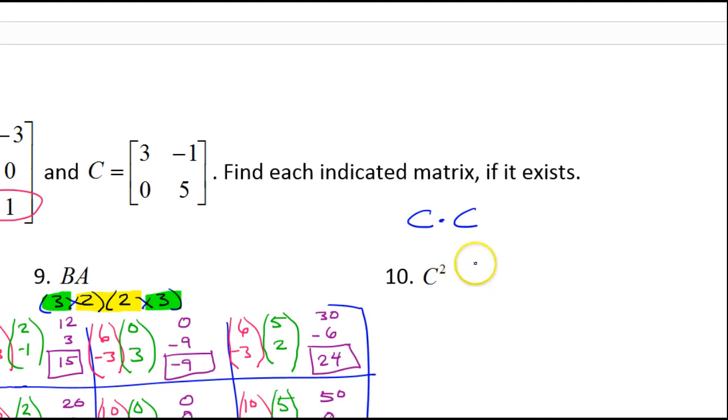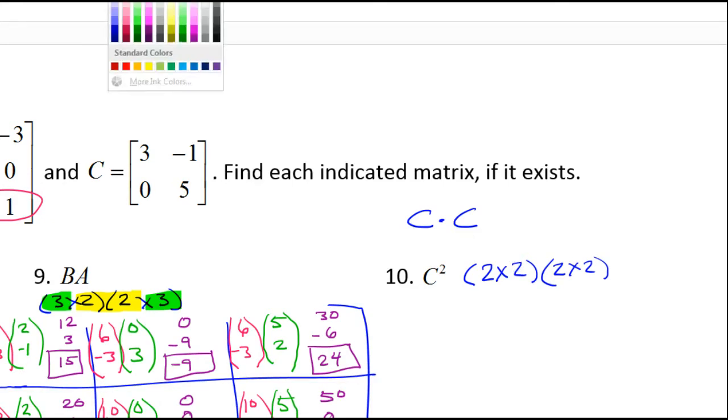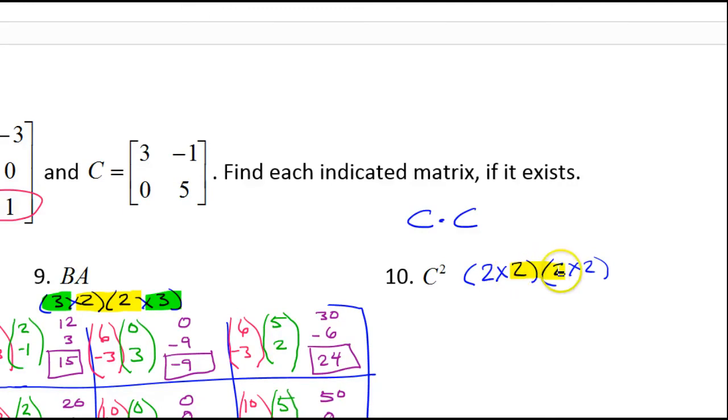First, let's analyze the dimensions. The dimensions of matrix C are 2 by 2. So I am going to be multiplying a 2 by 2 matrix times a 2 by 2 matrix. Is this even possible? Well, the matrix multiplication will be possible only if the inner dimensions are the same. Since the inner dimensions are both 2, this is possible.